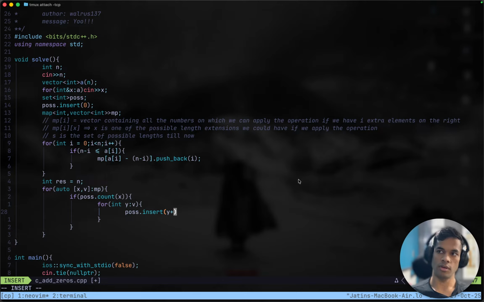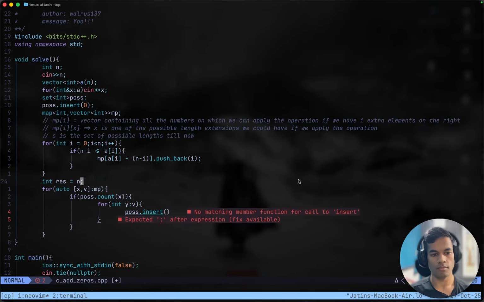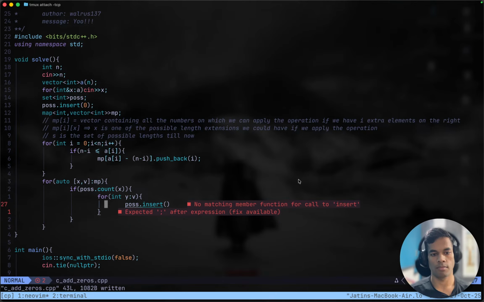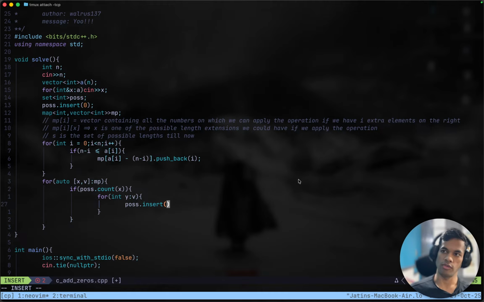So extension plus new elements. Possible only contains the new extensions. Makes so much sense. The new possible extension would be y, the new thing that we added, plus x.